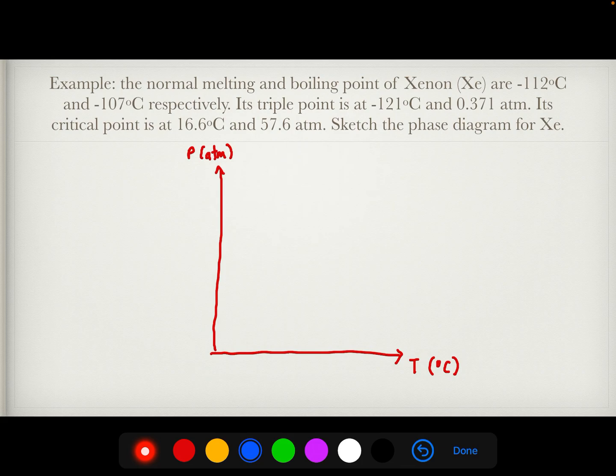So what we can do is just follow a logical chronology of the numbers on the scale.